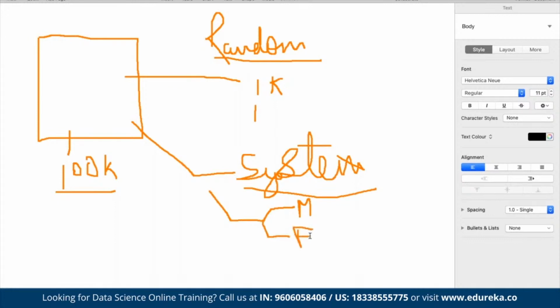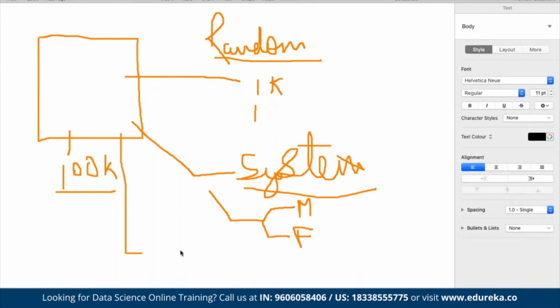There are no further subcategories required here. We have simply divided them on the basis of the gender group as a part of systematic sampling, or it can be based on age group.